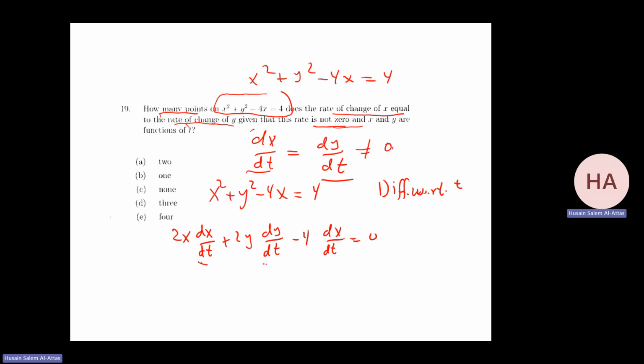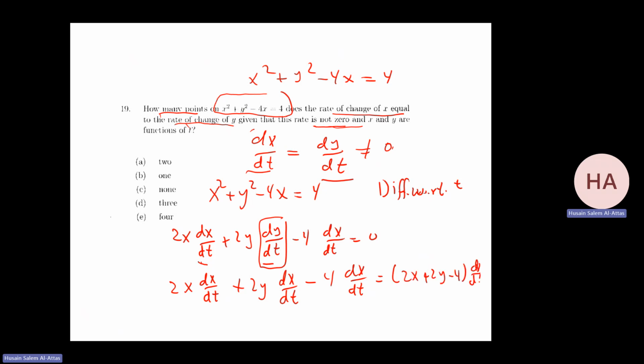Since I have dx, dy, dx, I'll change this into dx by dt. So I have 2x dx by dt plus 2y dx by dt, since dx by dt equals dy by dt, minus 4 dx by dt. In other words, I have 2x plus 2y minus 4 times dx by dt equal to 0. Let me write this.